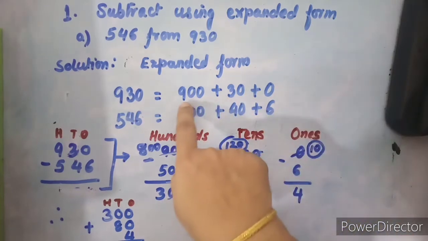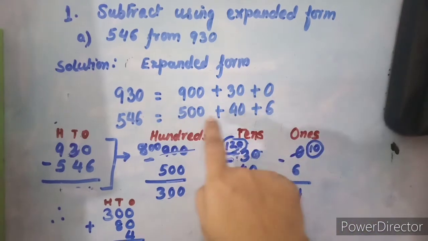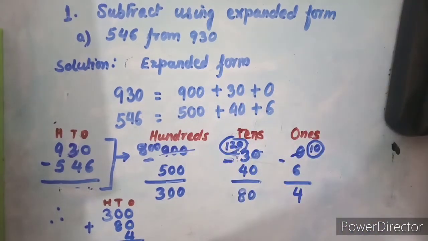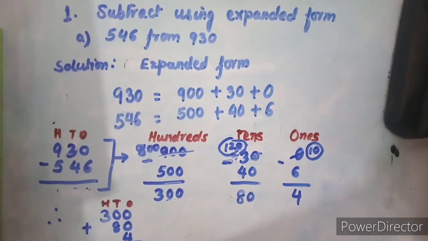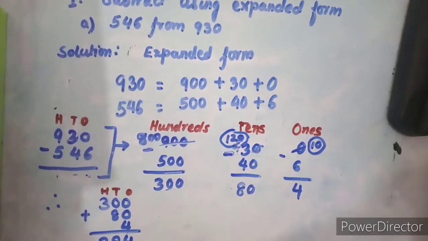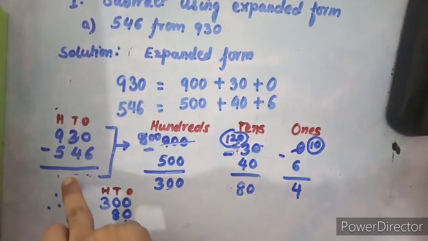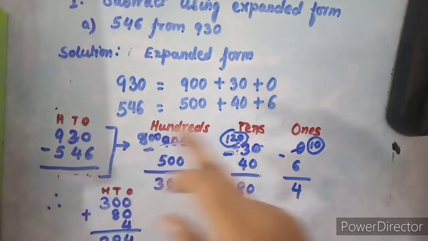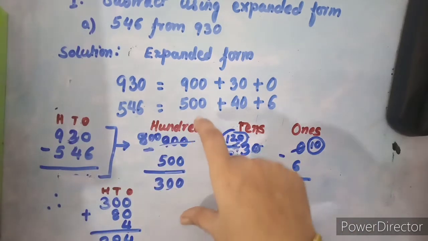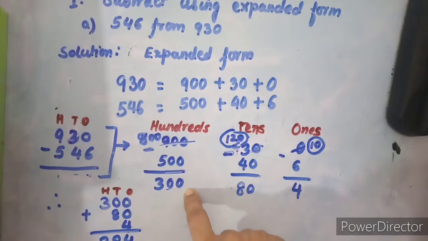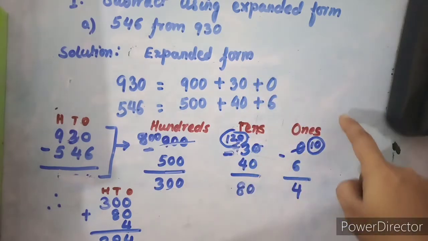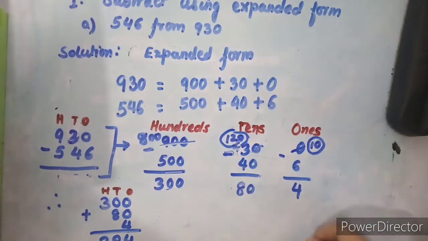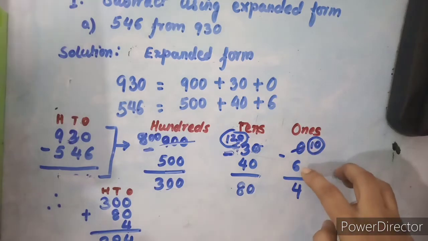So 900 plus 30 plus 0 and 500 plus 40 plus 6. Now you can see I have written the numbers according to the places: hundreds place, then tens place, and then ones place. So here 0 and 6.